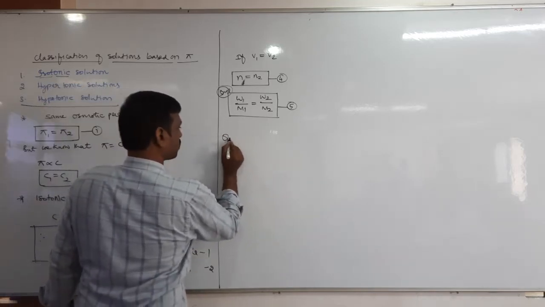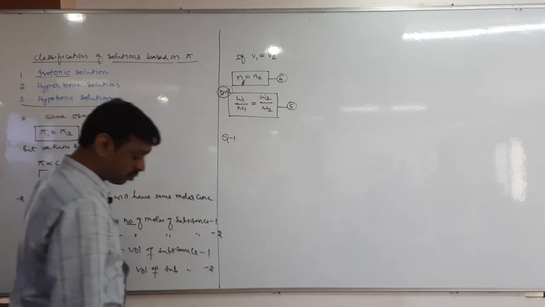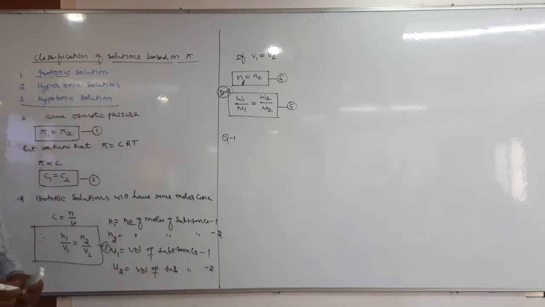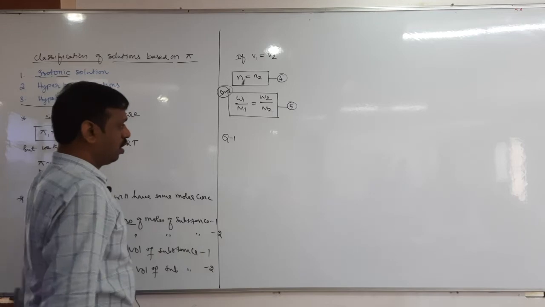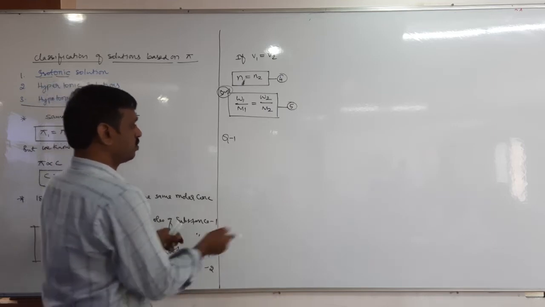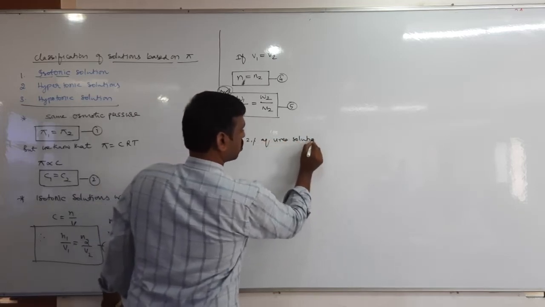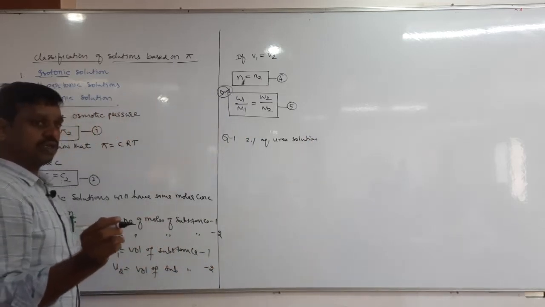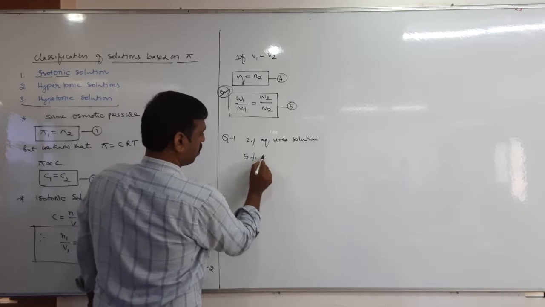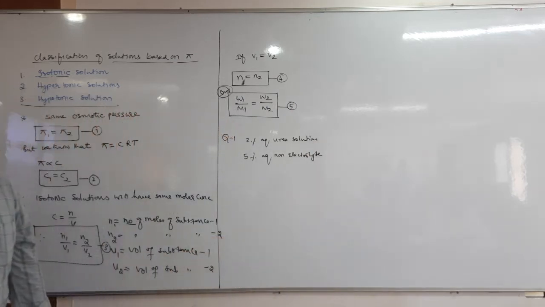Take one question here. A 2% aqueous urea solution is isotonic with a 5% aqueous non-electrolyte solution.